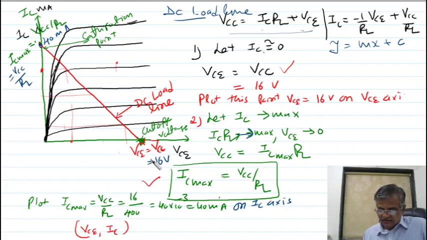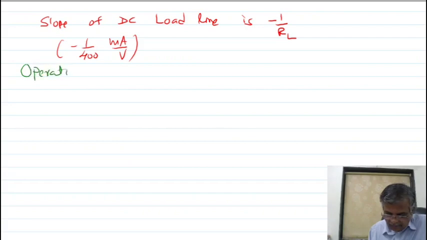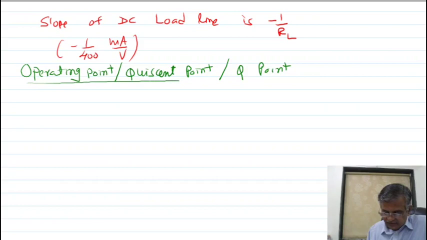Now I have discussed the DC load line and these two important points. Let us discuss the operating point, often called the Quiescent point, or Q point. So what is the Q point?